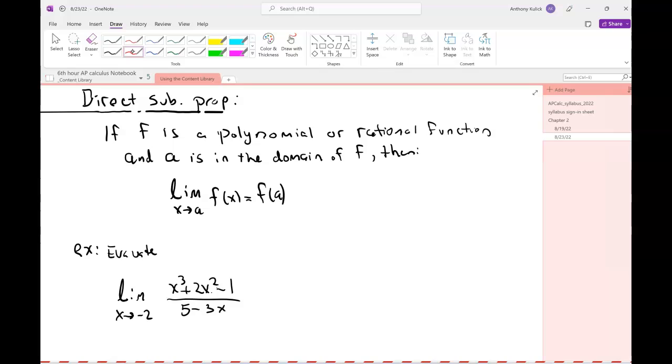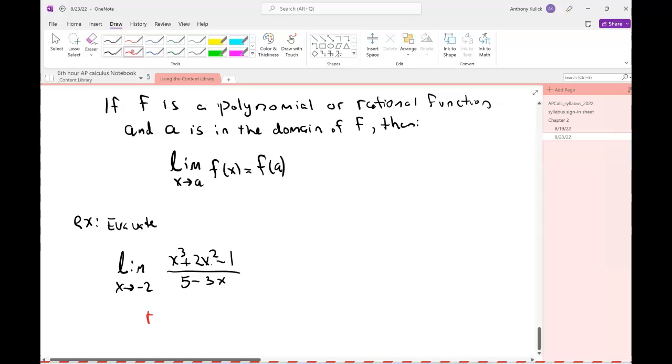And the next thing we need to check is to make sure that a, in this case -2, is in the domain of that function. What's the domain for a rational function? It's everything except where the denominator is 0. Is the denominator 0 when x is equal to -2? Then we're good. So, rational, check.